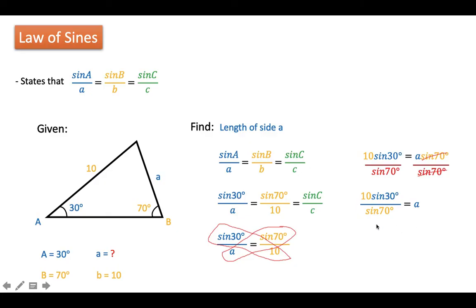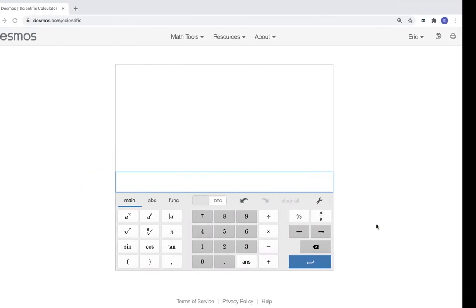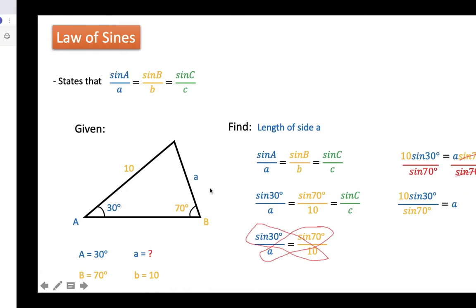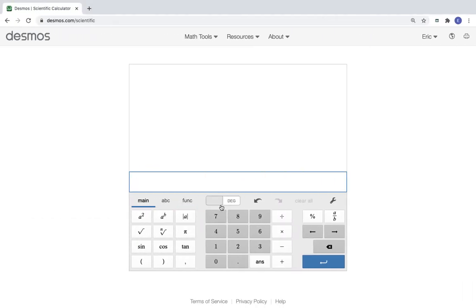From here, we need a scientific calculator to solve for a. Make sure that our scientific calculator is set in degree mode. So we will just click this one since our given is in fraction form.